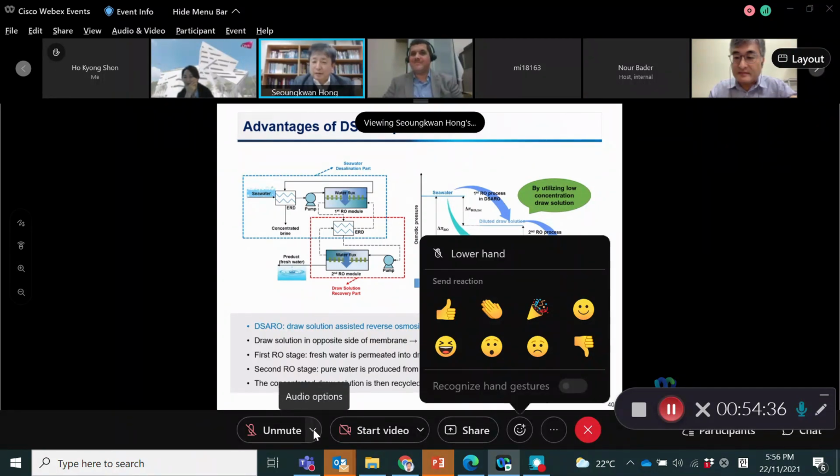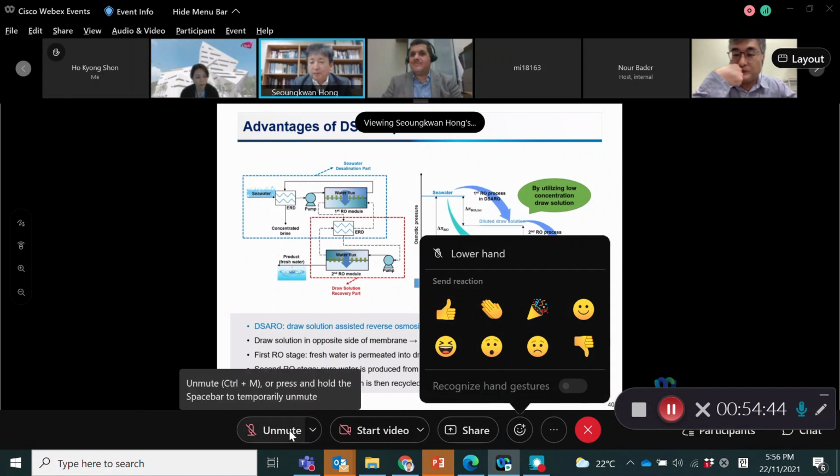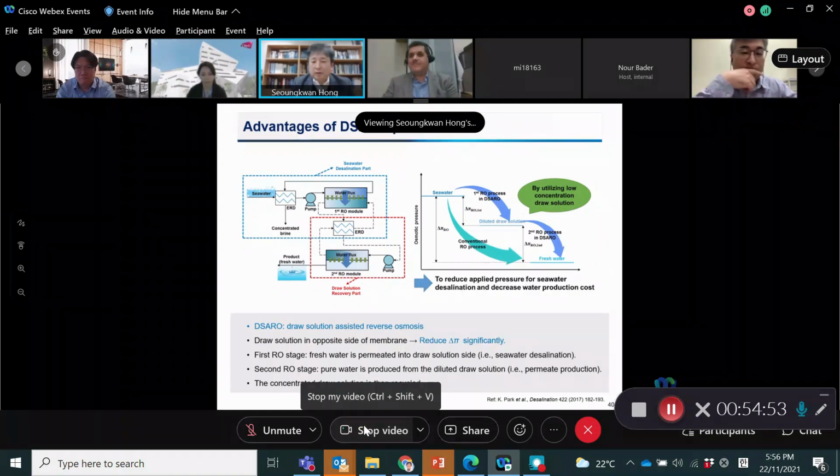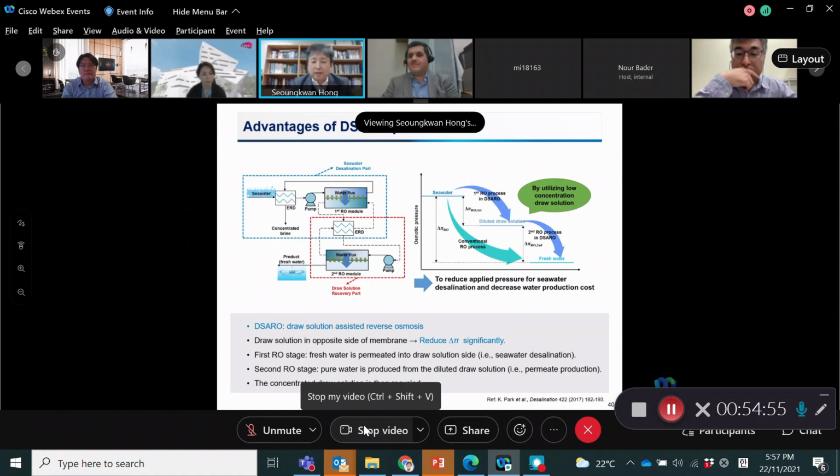I mean, the PRO membrane is, in my opinion, easier to make compared to FO. But at the same time, as I mentioned in my presentation, it requires a large amount of additional water stream, which is very difficult to get.